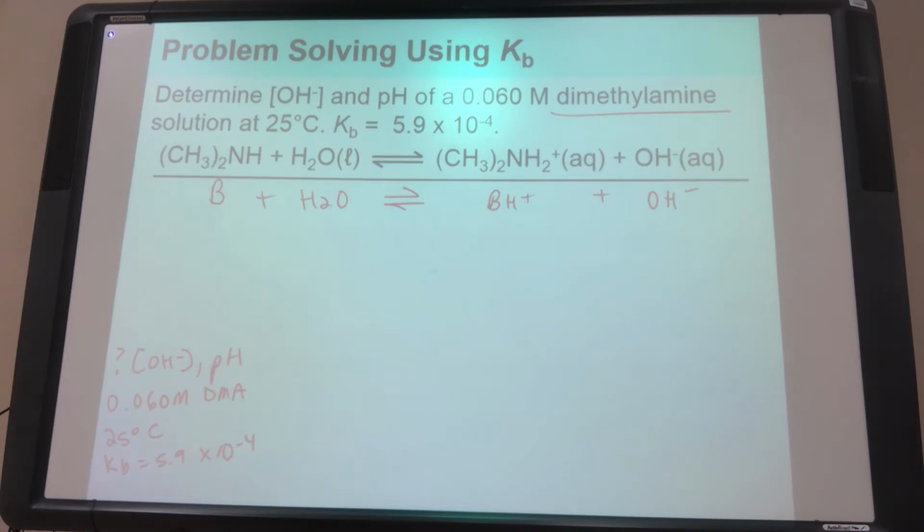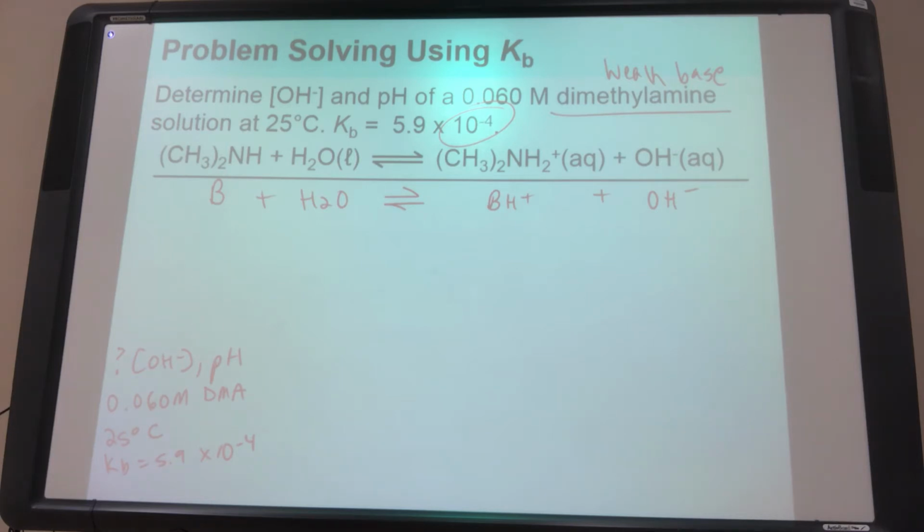So if it's not in the chart, what did I say to do? Go ahead and assume that it's weak. So we're going to assume that he is a weak base, which has a kind of low number here, so that makes sense for his Kb. If he's a weak base, can I just automatically find the OH that way? What will I have to do? An ice table. The exact same thing we had to do before.